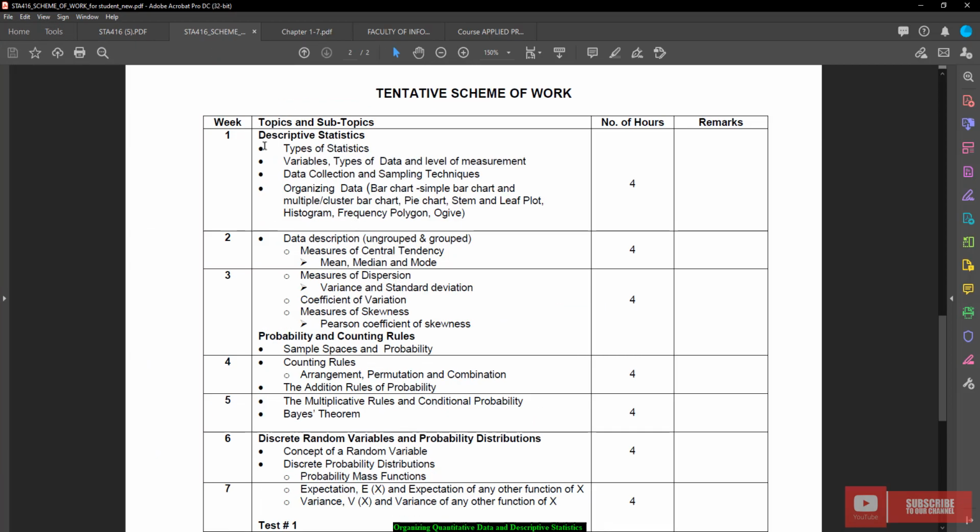In the scheme of work, we already cover types of statistics. We already know the variable types of data, level of measurement. We already learned in a previous lecture, data collection method and sampling techniques. Organizing data such as bar chart, pie chart, we already looked into for qualitative data. For quantitative data, we already looked at the stem and leaf, histogram, frequency polygon, or ogive.